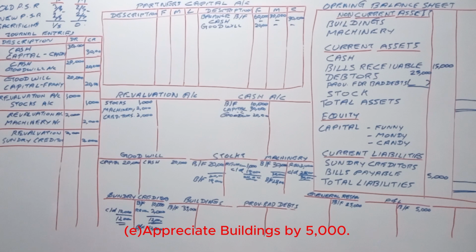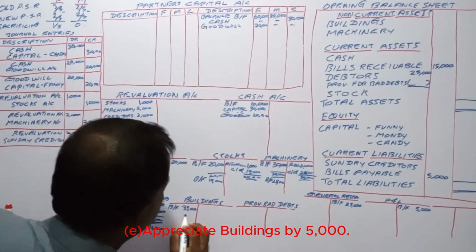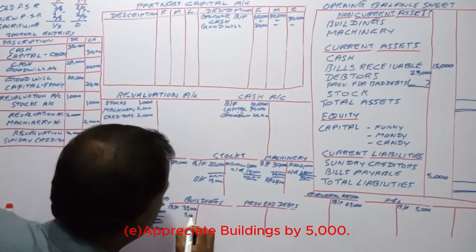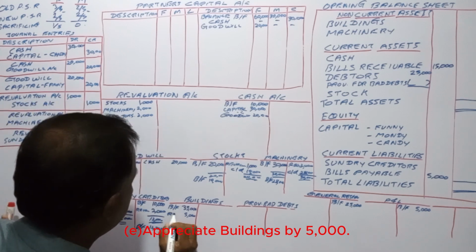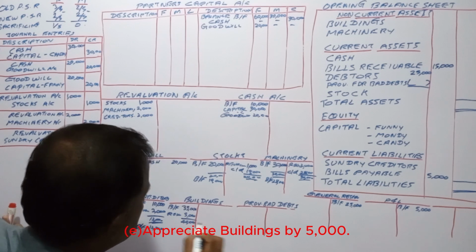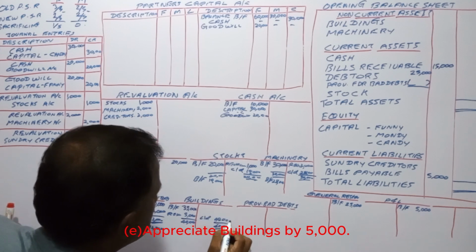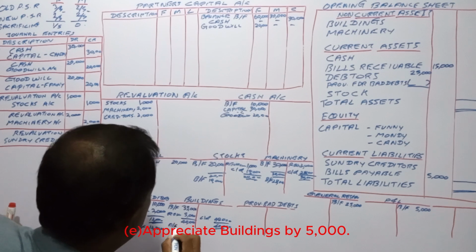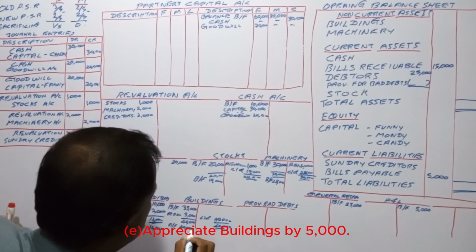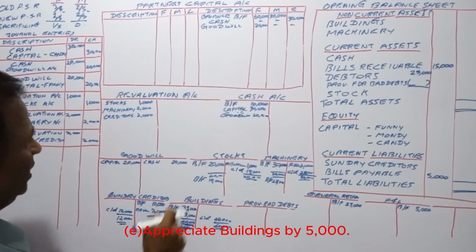And appreciate the buildings by 5,000. What is the building value? Building value is 35,000. So appreciating by 5,000 means building account debit, revaluation account credit, then 40,000 carried down, 40,000 brought forward, right?